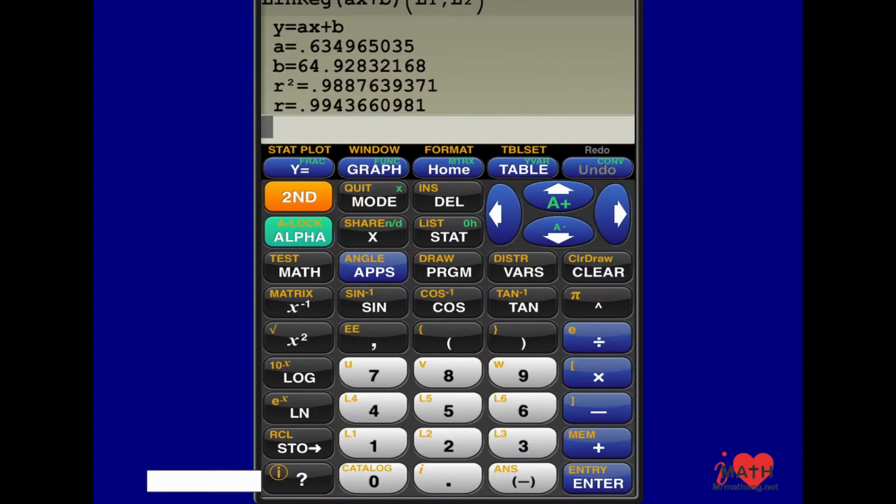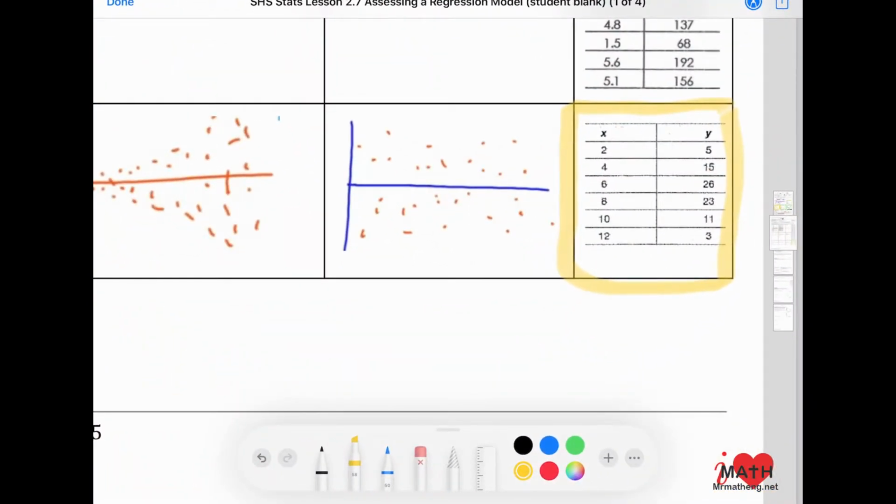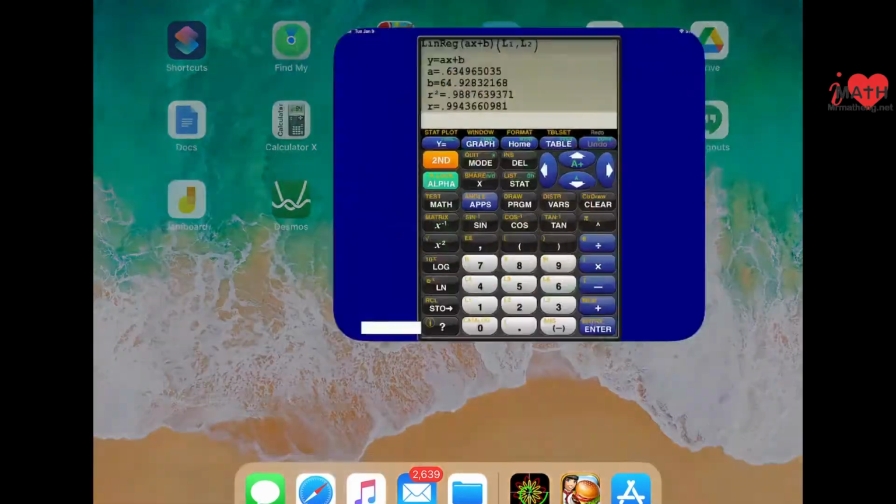What happened? Let's go back. Don't have a picture of that for some reason. Let's take a picture here. Alright, now I've got it. Let's go put this into our calculator.